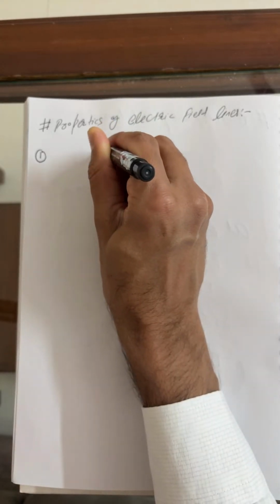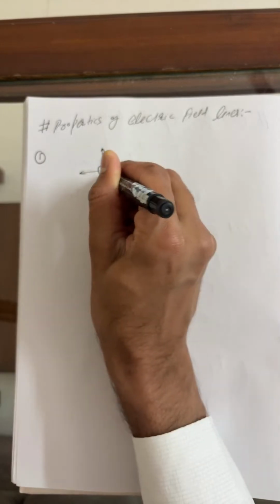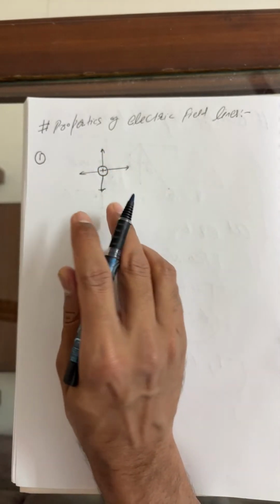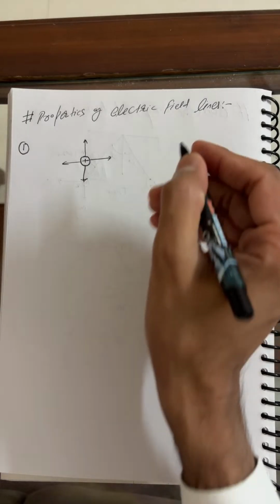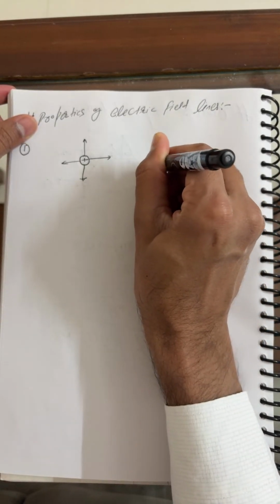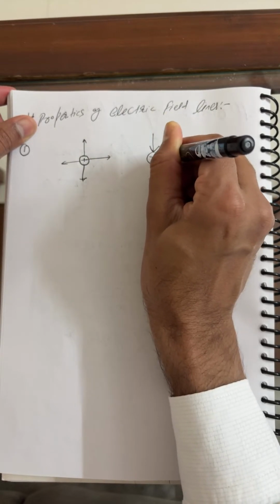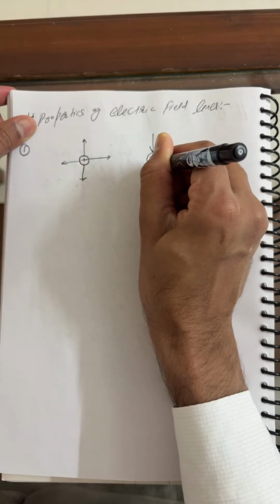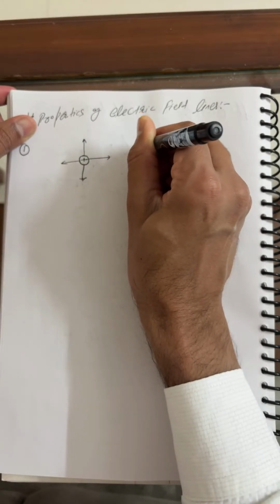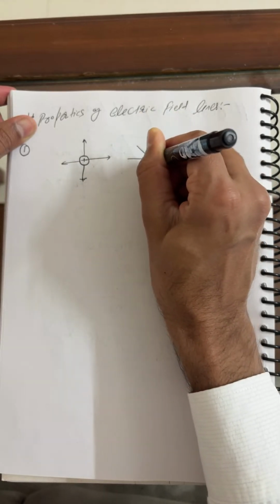Electric lines always originate from a positive charge or infinity and terminate on a negative charge or infinity. This is property one.